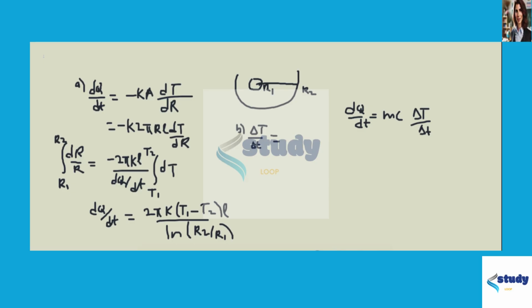Then write an expression which is 2 pi times k times L times the temperature difference between in and out, which is T1 minus T2, divided by mass times C, specific heat, times ln of R2 divided by R1.